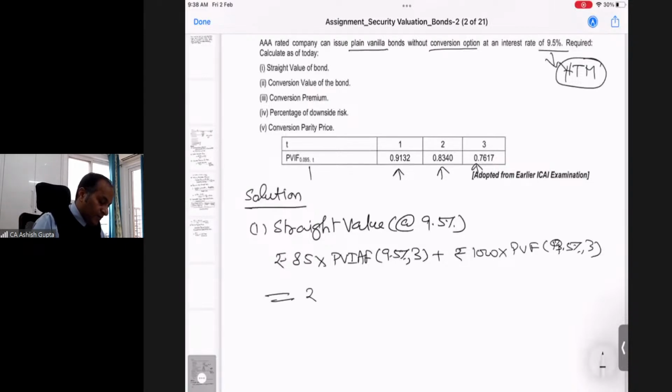The value will become 974.96. Please compute it on your own also. We multiply this value with the factor, and the resultant value will be this much. Or I can write here 0.9132 plus 8340.